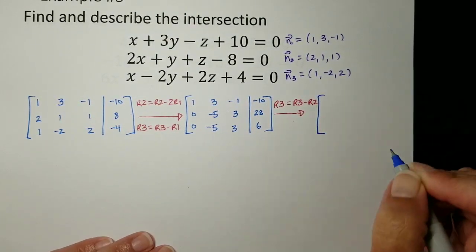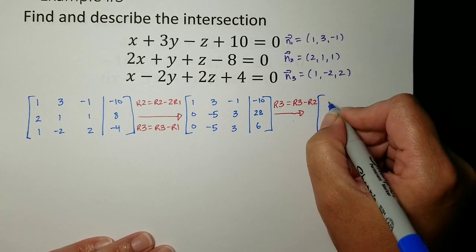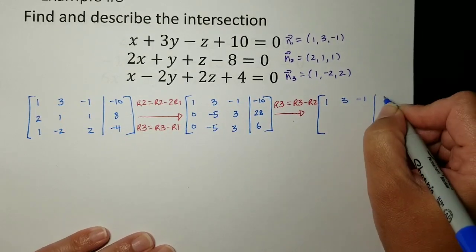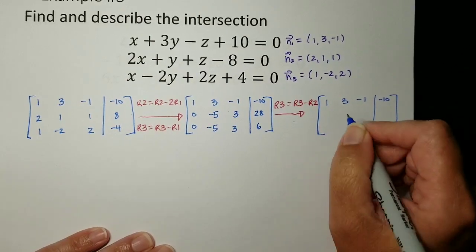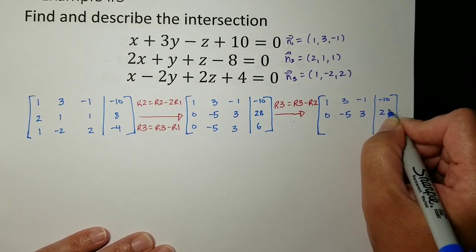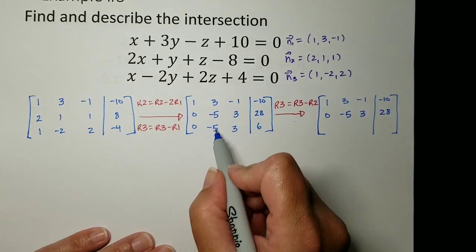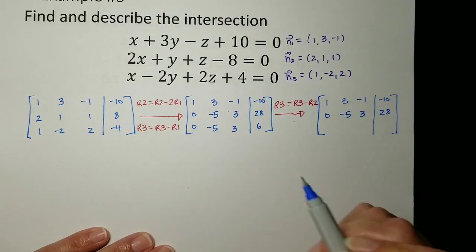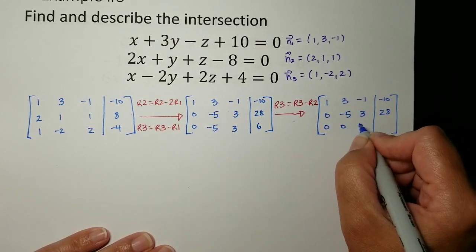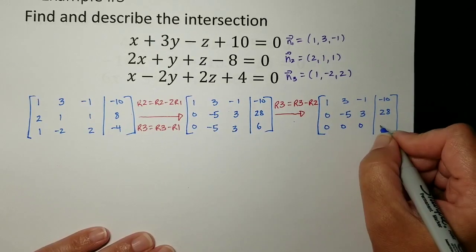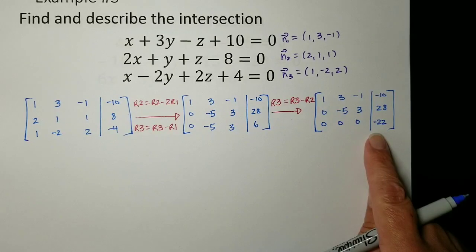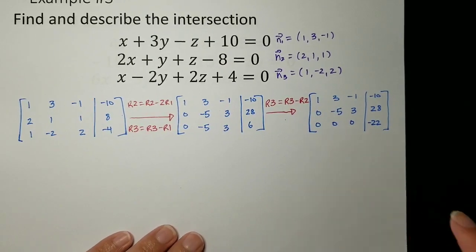If you didn't do this, if you did the same process, it would 100% still work, but you just end up with some fraction issues. So here I have -5 minus -5 is 0. 3 minus 3 is 0. 6 minus 28 is -22. So this is the row where we've lost all of our coefficients.